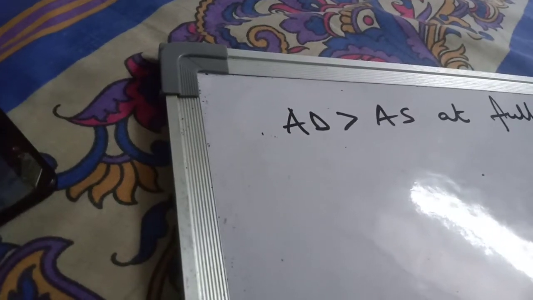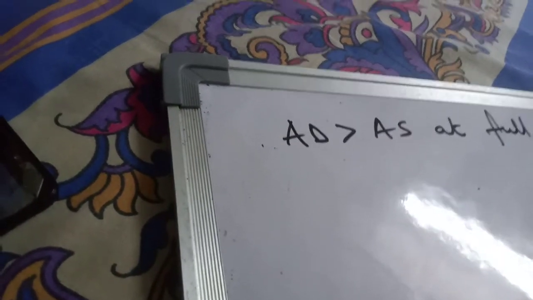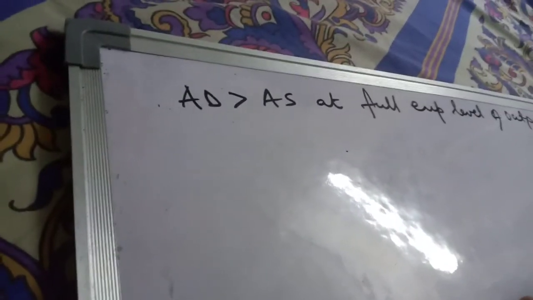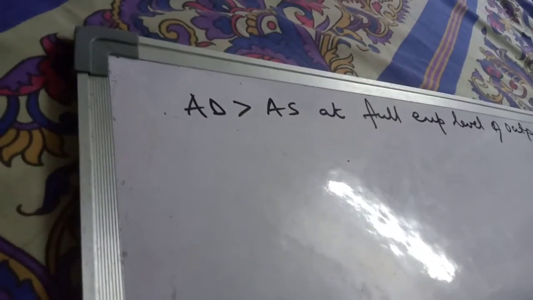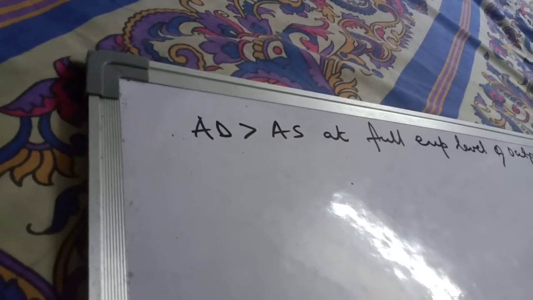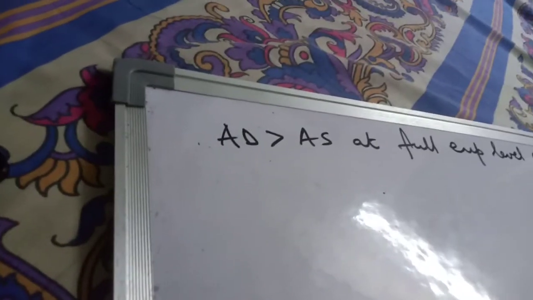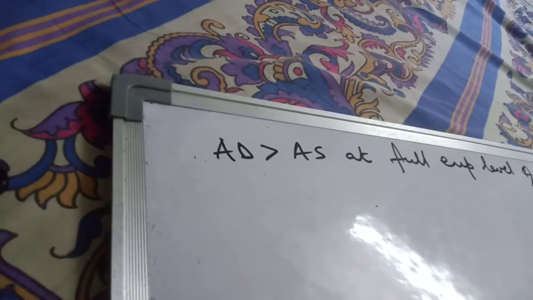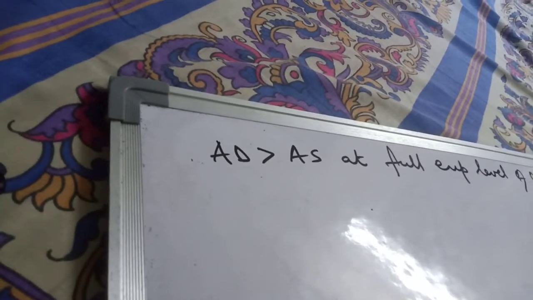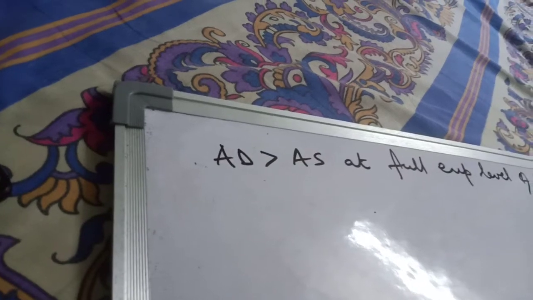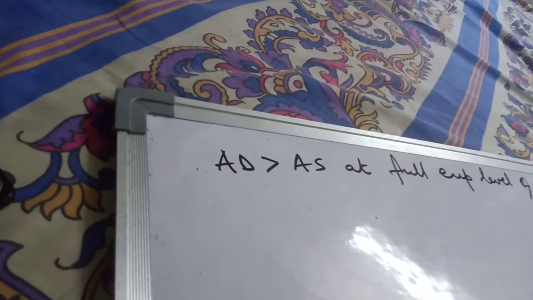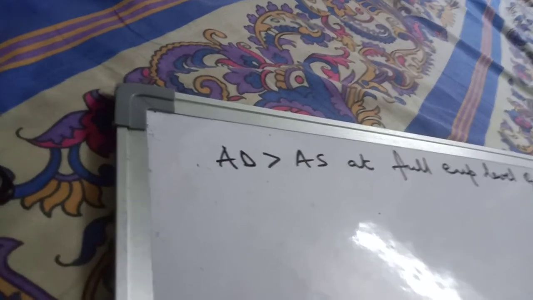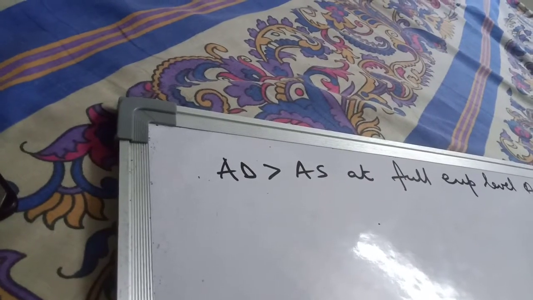Which means that if the economy has the capacity to produce a level of output where all the resources are being used fully, that is the maximum aggregate supply it is producing, and at that level of output the aggregate demand is greater than the maximum aggregate supply.